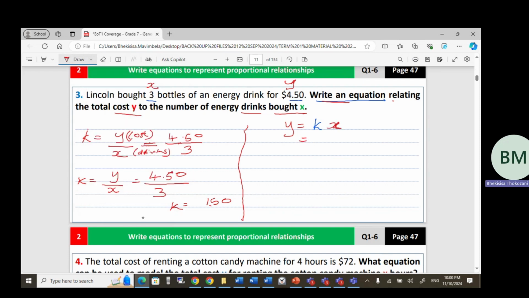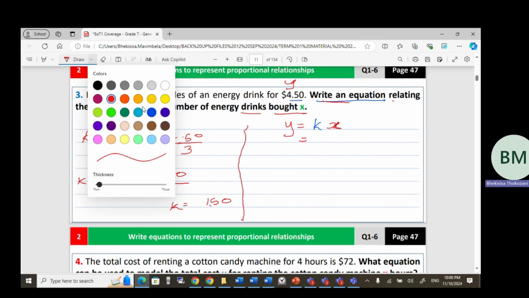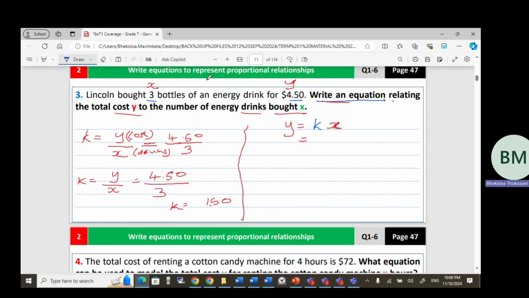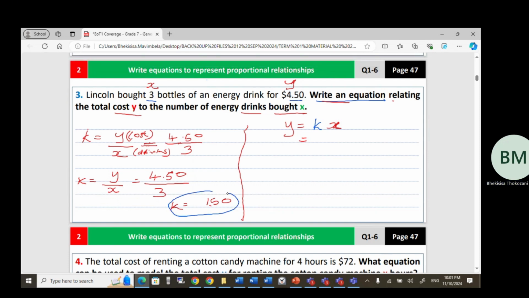And guys, we already have our K. We just discovered what is K. So we said that K is 150 here. So since we said that K is 150, I can write my K here as 150.